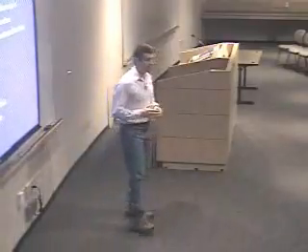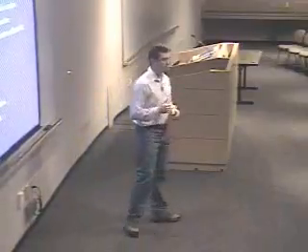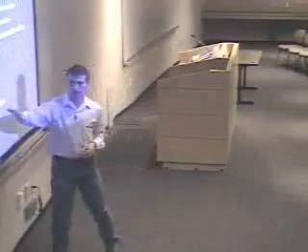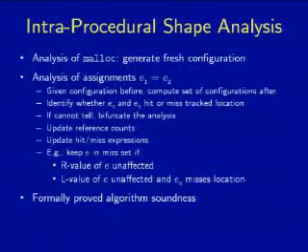The shape analysis has both an intra- and inter-procedural component. It is flow-sensitive and context-sensitive. And the key part is that the whole analysis, both intra- and inter-procedural, works at the granularity of individual locations, at the granularity of configurations.